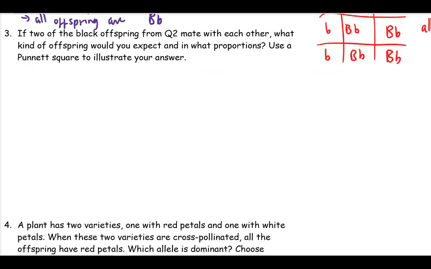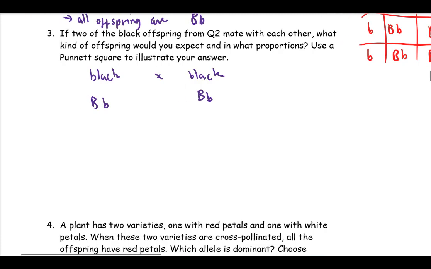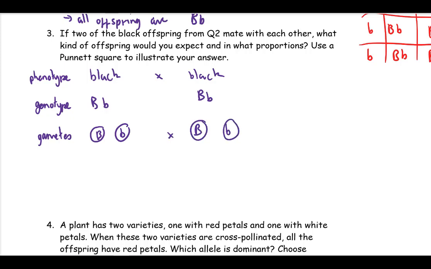If two of the black offspring from question 2 mate with each other, so let's set it out, black cross with black, and the ones we're looking at are big B, little b. What kind of offspring would you expect and in what proportions? Use a Punnett square to illustrate your answer. So this was our phenotype. This was our genotype. The gametes that we can get are this, cross with this.